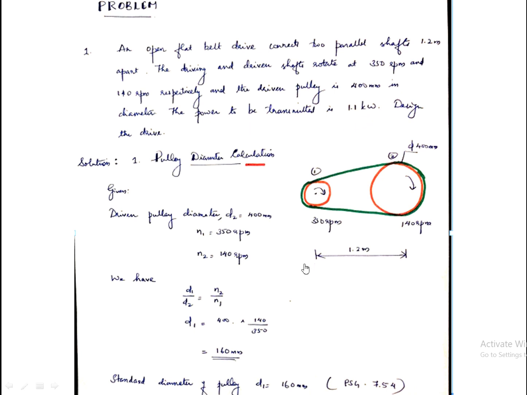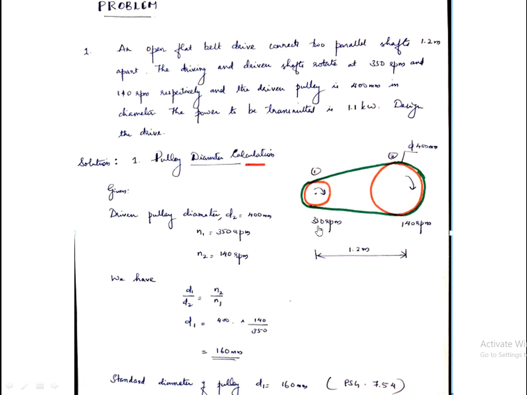Okay, so the first important thing that you need to do after getting the question is just make a rough sketch of the question. Okay, so as it is said, it is an open belt, right? So first of all, I am drawing an open belt system. Okay, and the smaller pulley is the driver running at 350 rpm, and the driven is running at 140 rpm.